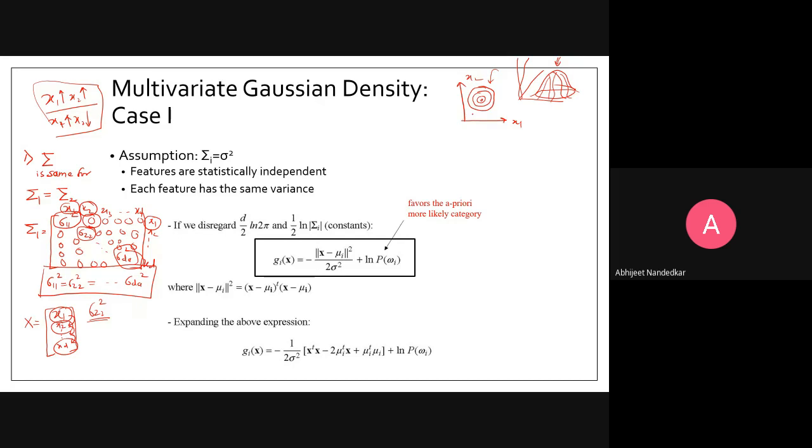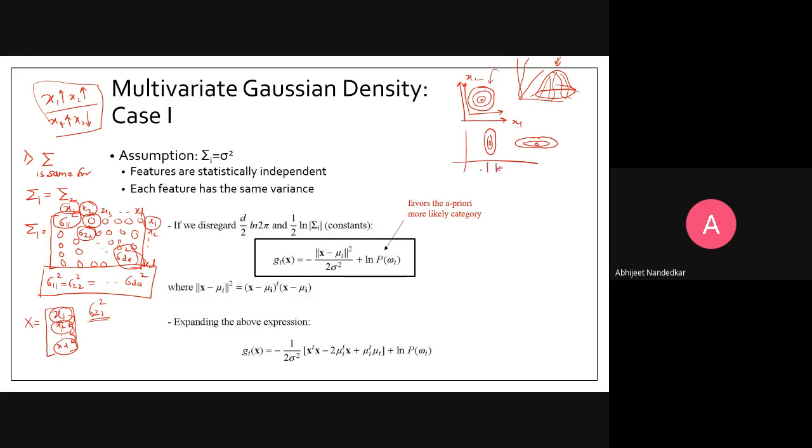So this indicates that the spread of this x1 variable and the spread of this x2 variable is the same, so it will result in a circle. If it is not the same, what will happen? You may have this elliptical kind of shape. You can have this kind of shape. You can imagine that this cap is compressed along, say, the x1 axis.